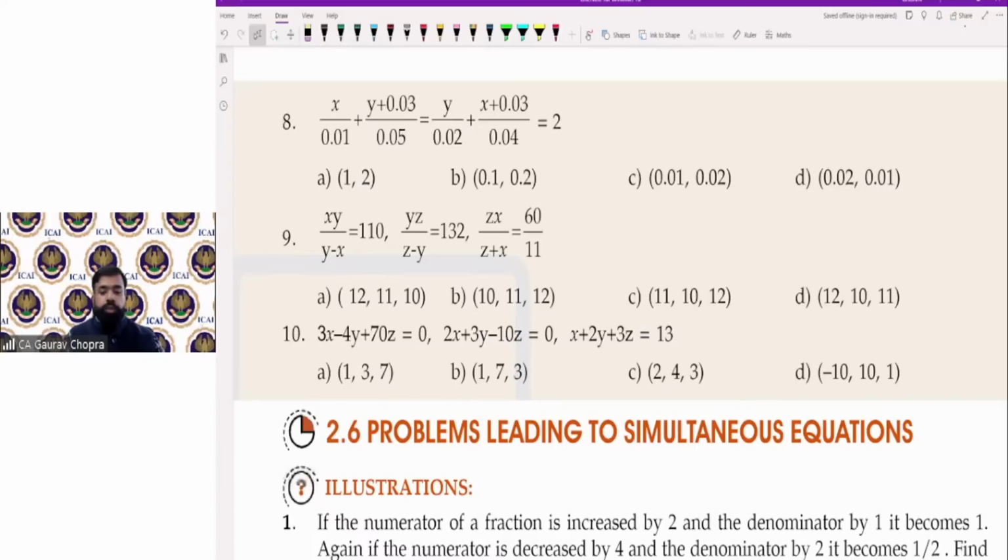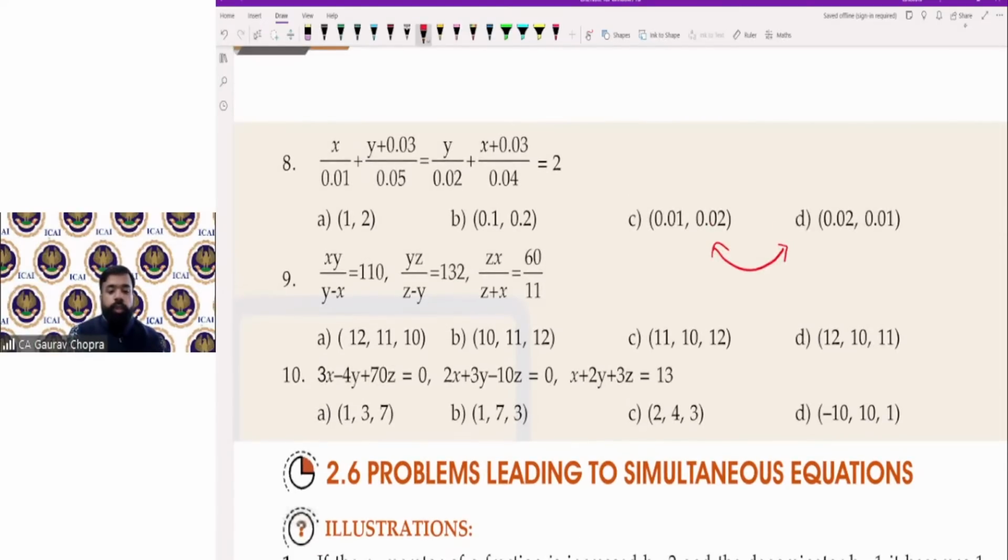Check this out. So you can clearly see that options C and D are interchangeable, which means there are more chances that out of these two, one option will be correct. But which one is correct? Let's try. If you try option C, it is 0.01 upon 0.01 plus 0.02 plus 0.03 upon 0.05.